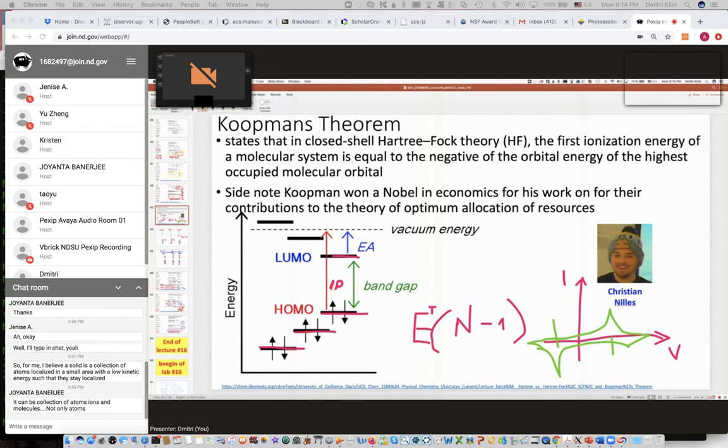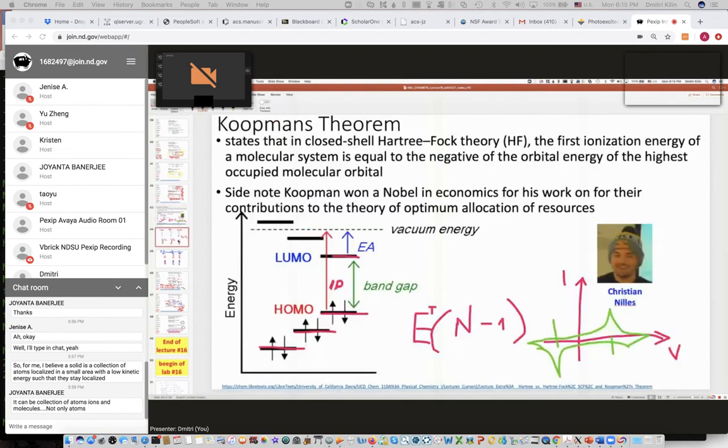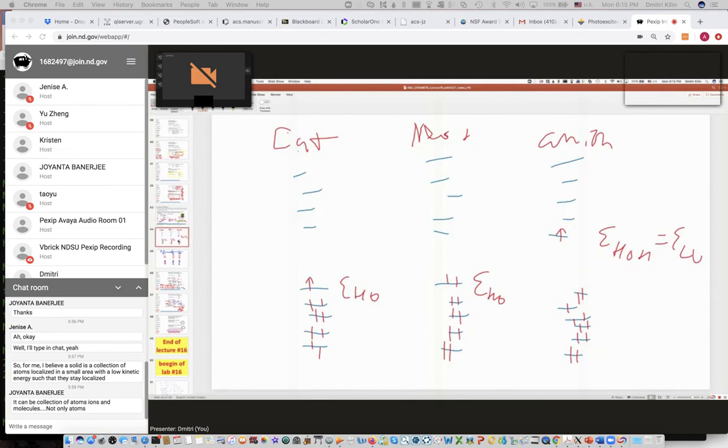And if you talk about Koopmans, you're talking about Koopmans' theorem, not Koopman theory. Right. And if you do it by calculation, the neutral system, anion and cation correspond to the system where we have 2 electrons on HOMO, then the cation when we removed 1 electron, and the anion when we added another electron.